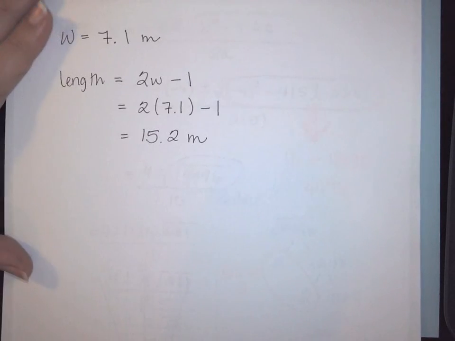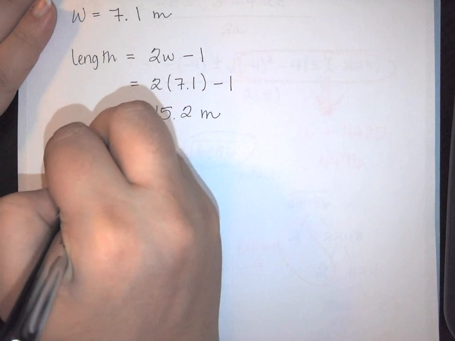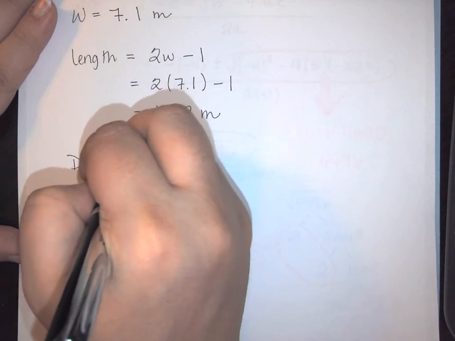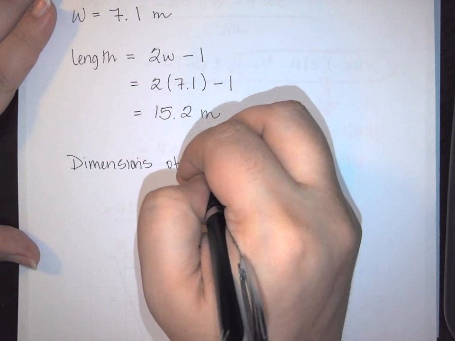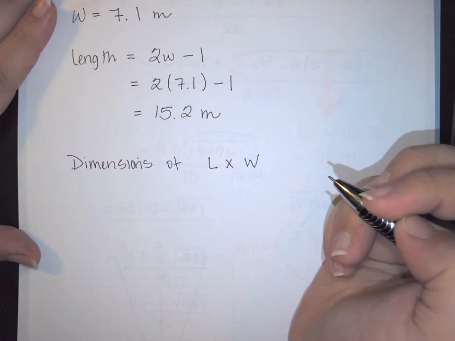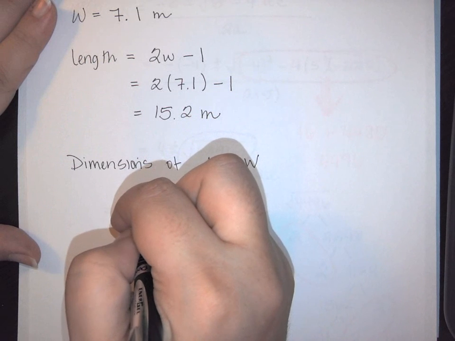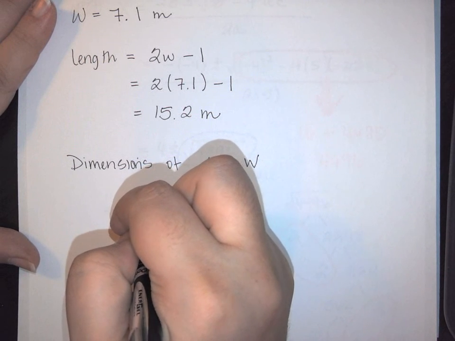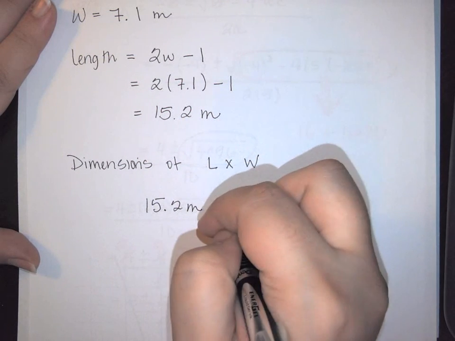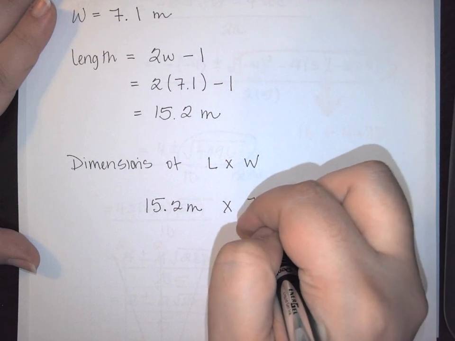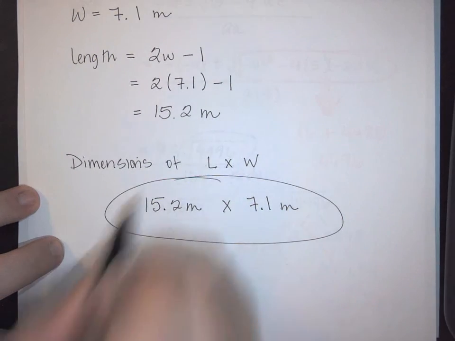So to totally answer your question, you would have dimensions of length by width. And so in this case, you would be able to say that your rectangle was 15.2 meters by 7.1 meters. And here would be your end result.